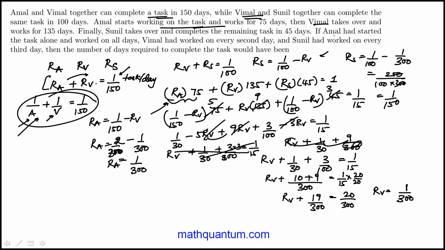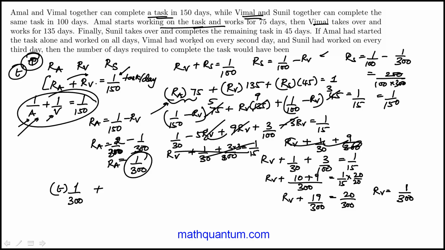Okay, so now what we're going to do is, they say that, let's say the time it takes them to do this job is, actually let me use lowercase t. Then if Amal had started the task alone and worked on all days, the amount of job that he will do would be the time in days times his rate.